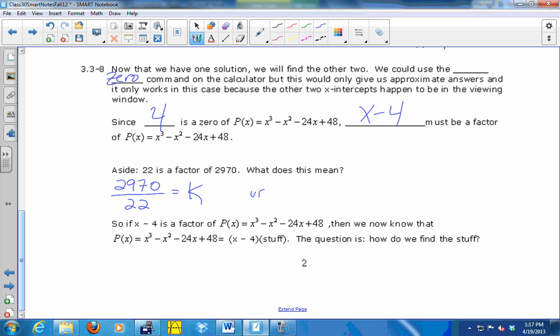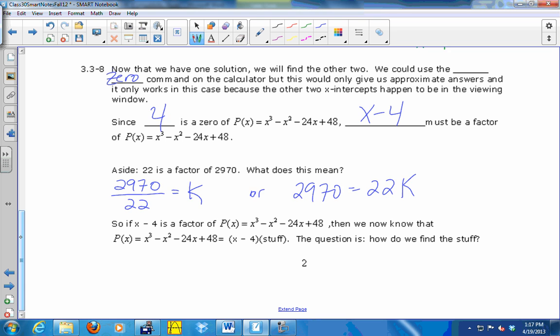Or you can get 2,970 as 22 times a whole number. Those two mathematical sentences really say the same thing. Take the one on the left, multiply both sides by 22, and you get the one on the right. So this is what it means to be a factor: the number is evenly divided. 2,970 is evenly divided by 22.